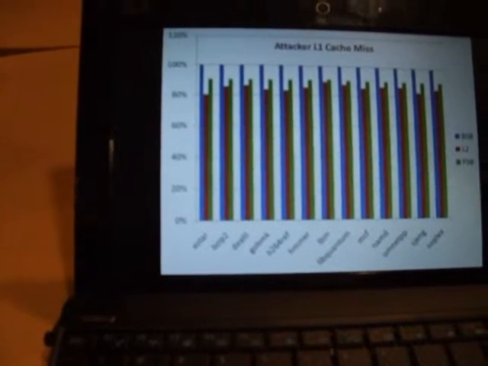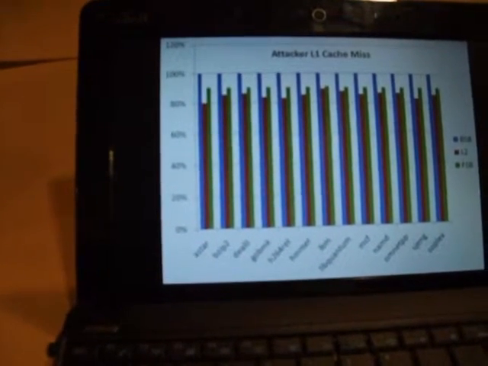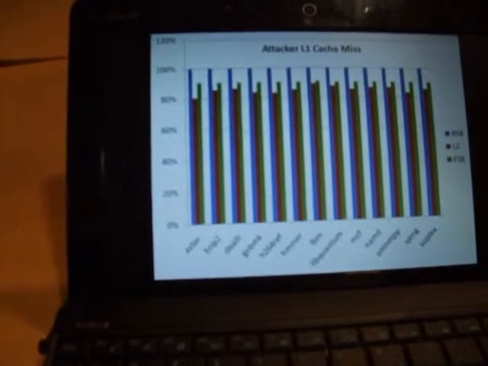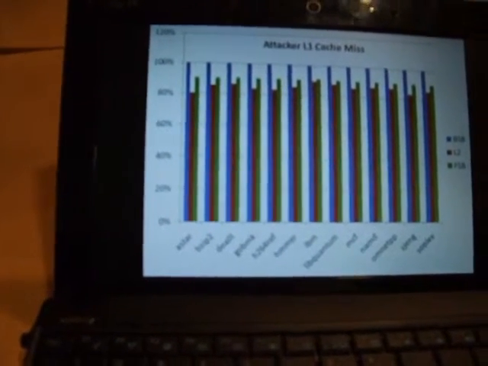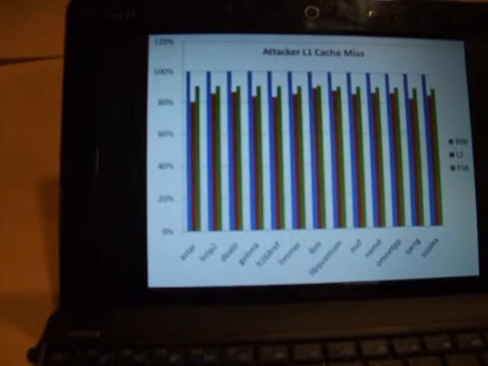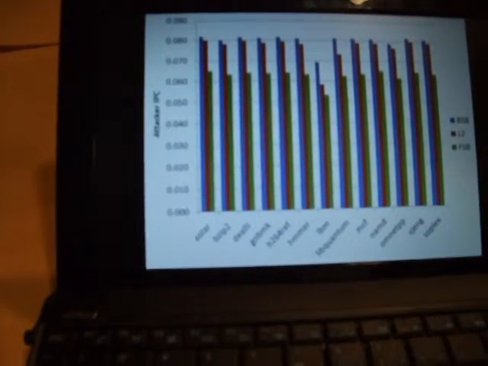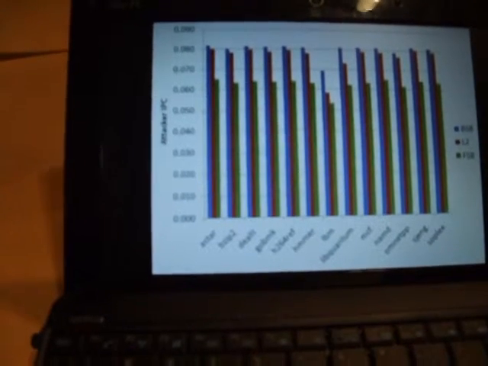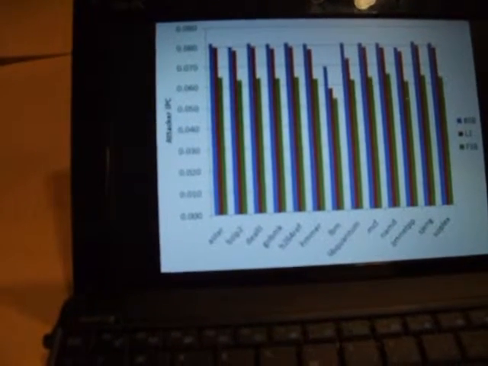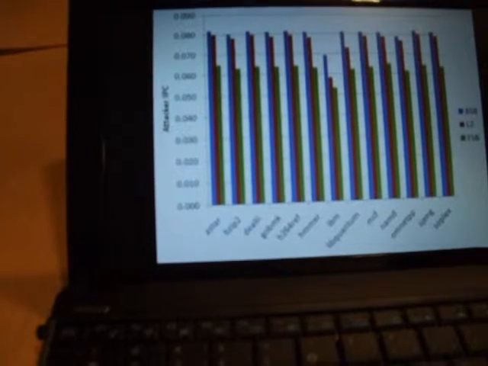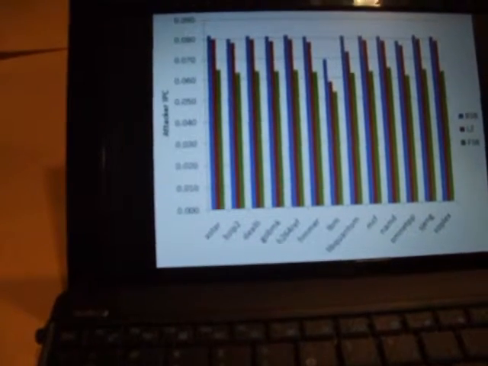This is because the L2 cache attack and frontside bus attack have a much bigger memory footprint than the backside bus attack. In the L2 cache attack, they access a 2 megabyte memory footprint, and the frontside bus attack a 4 megabyte memory footprint.